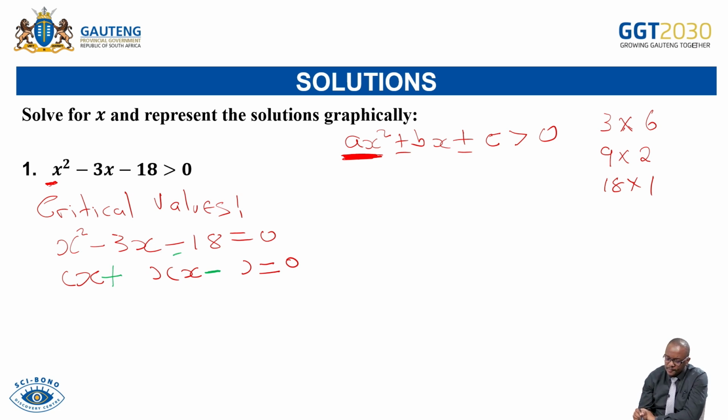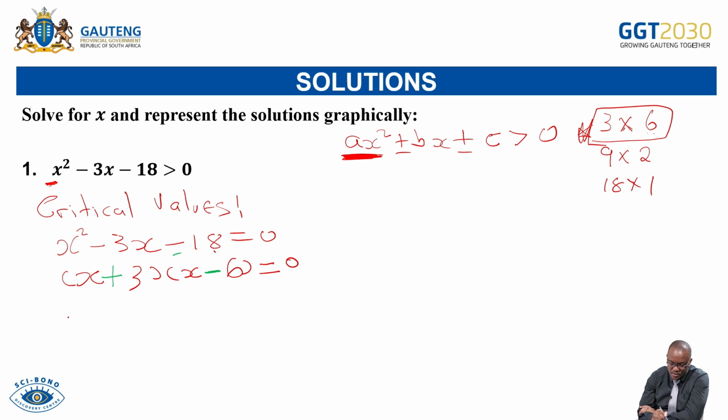Looking at 6 times 3, when you multiply they give you 18, and they can also give you 3 if you say 6 minus 3. So we take the factors of 18, which are 6 and 3. Between 6 and 3, the bigger number will take the sign of the middle term, and the smaller number is 3.